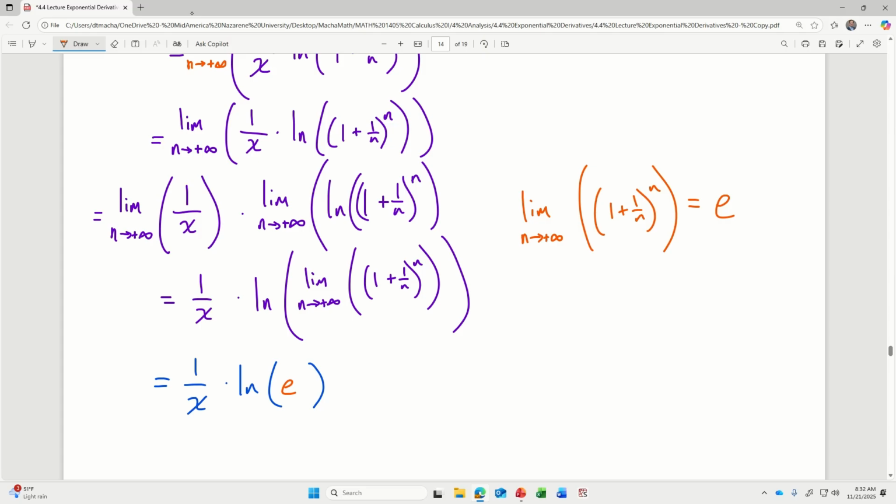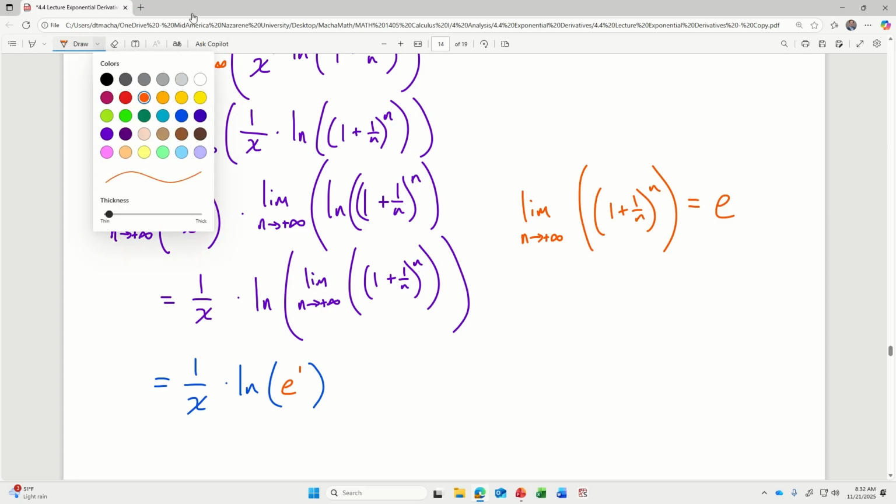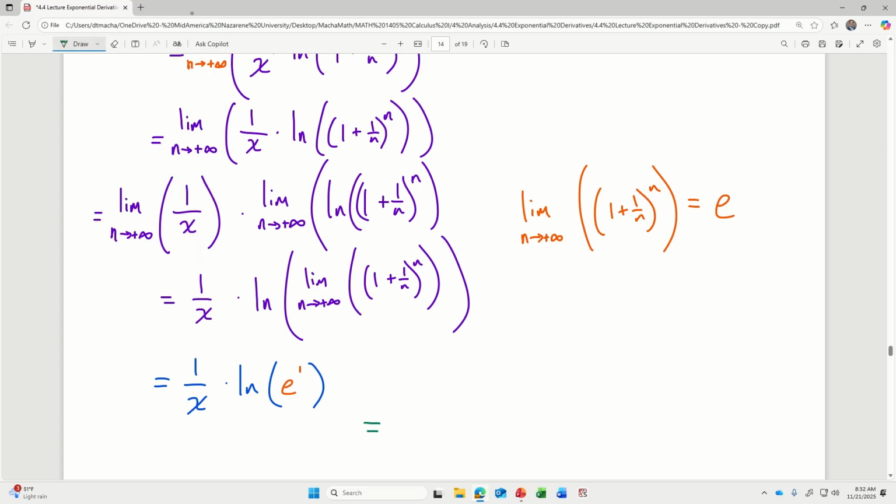What is the natural log of e? 1, right? Because e is the same thing as e to the 1 power, and then the logarithm base e cancels with the exponent base e. And this is 1 over x.